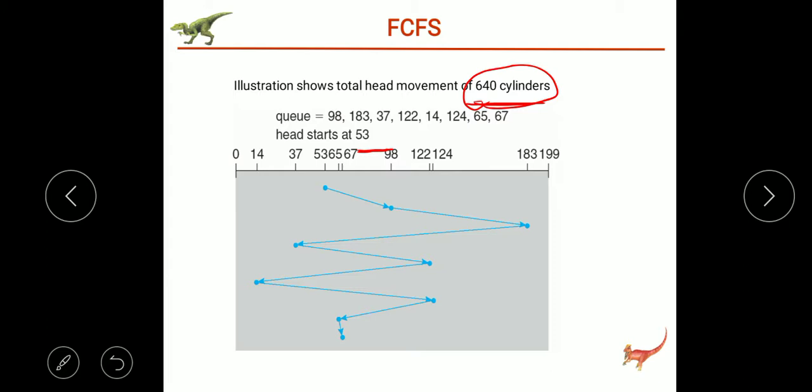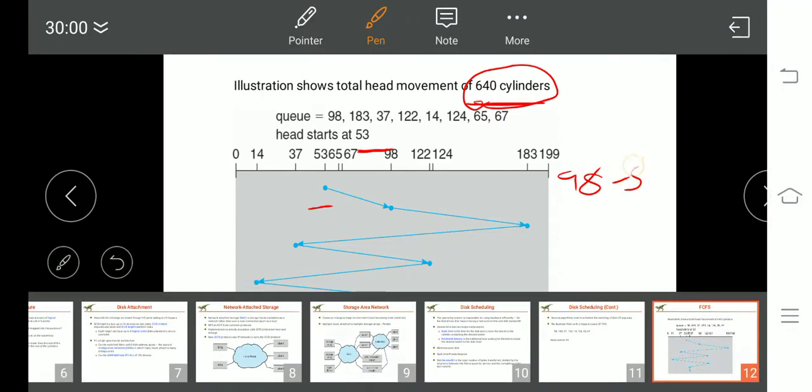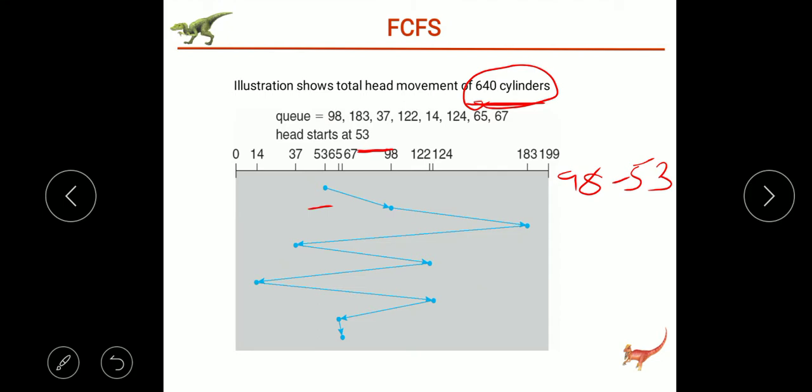Initially the head is at 53. From 53 it jumps to 98, so the first head movement is 98 minus 53. Then from 98 we move to 183, so it is 183 minus 98.